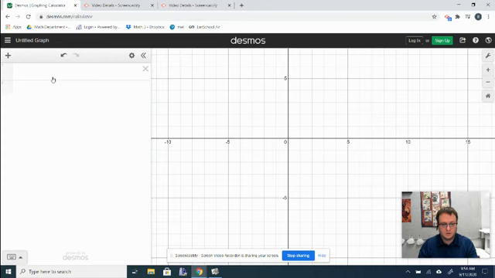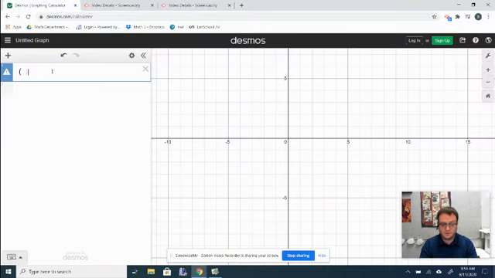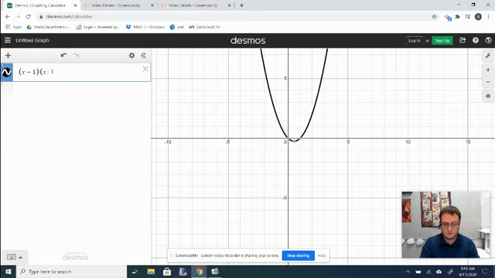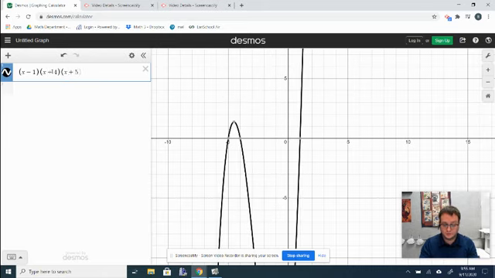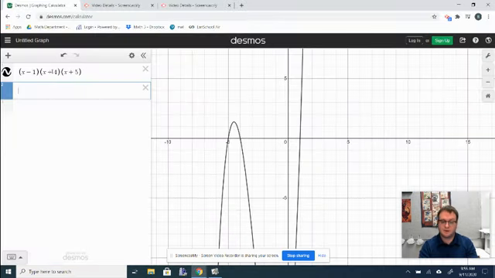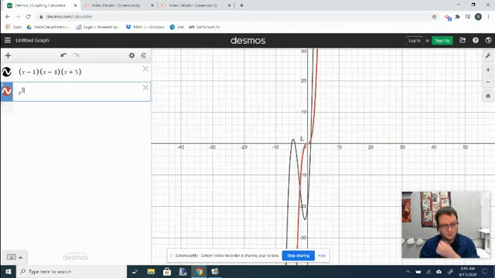So I'm going to do x minus 1, x plus 4, x plus 5. And then we're going to take our second function here, so x cubed. Similar shape, just more wonky.